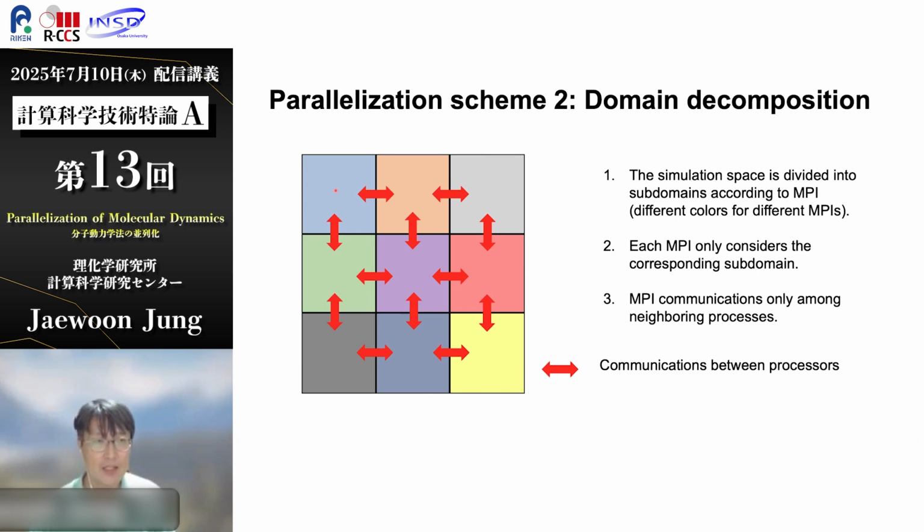Each MPI process only considers the interaction of its local region, local space, and does not care about the interaction of another region. And we consider communication only among neighboring processes. So this one needs to communicate with this one, and this one.